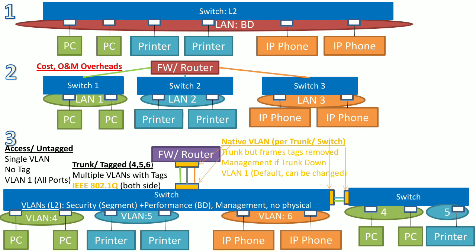So once it receives a frame without a tag, it will think that this belongs to the native VLAN, and it will send this frame to the native VLAN ports.